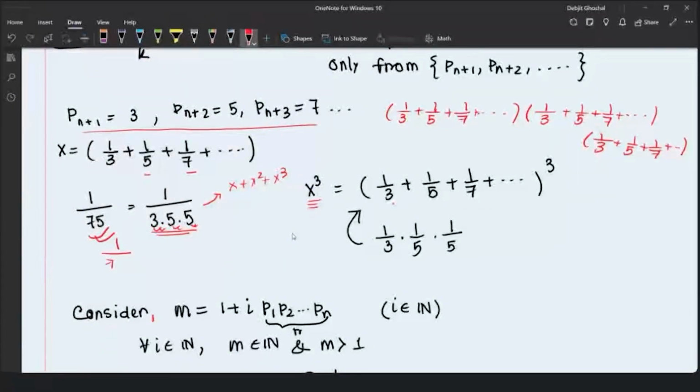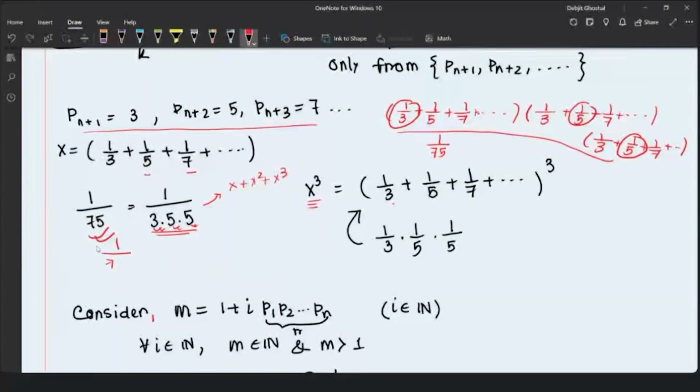Now I am claiming that 1 by 75 is present in this. How? What is the prime decomposition? 1 by 3 into 5 into 5. So I take 1 by 3 from the first factor, which should multiply with 1 by 5 from the second. And then we again multiply by 1 by 5 from the third. So in this series there is a term 1 by 3 into 1 by 5 into 1 by 5. So it is clear that 1 by 75 is in this series.